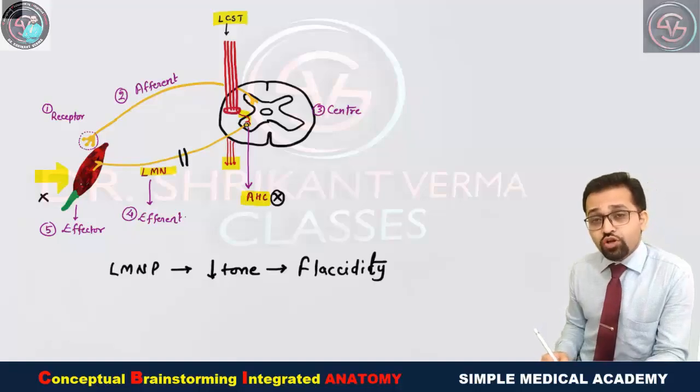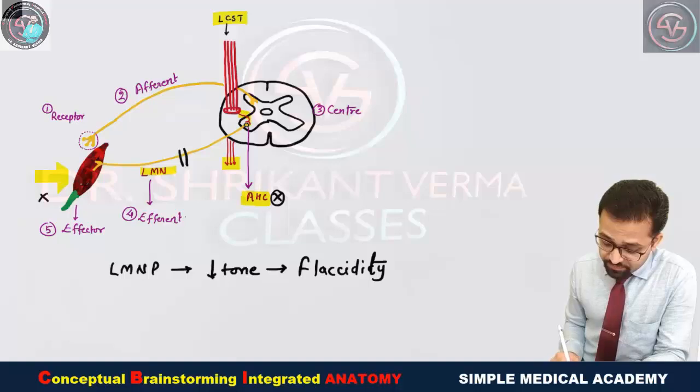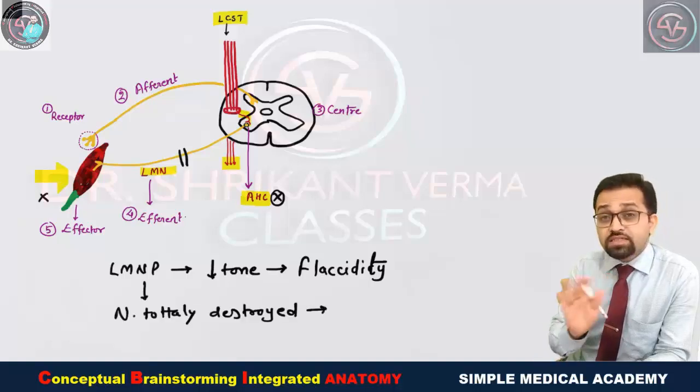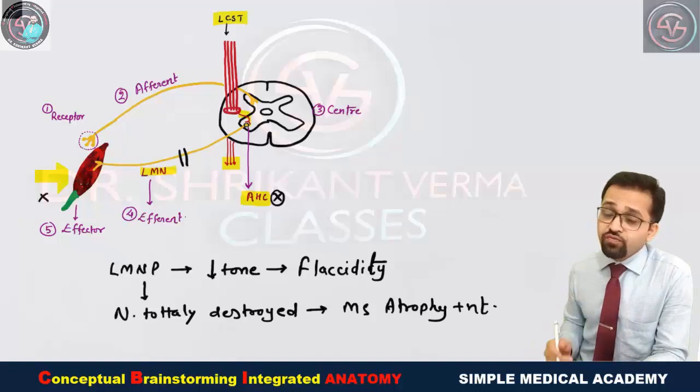That's why in lower motor neuron paralysis we get the flaccid type of paralysis. Okay, so there is muscle flaccidity, and because the total nerve is destroyed, the muscle is not surviving. That's why muscular atrophy is seen immediately. Getting the point? So muscle atrophy will be seen.